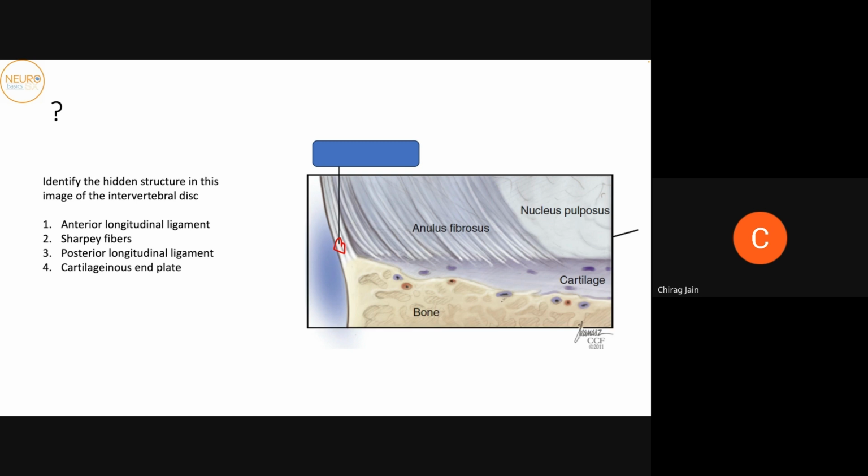These are part of the annulus fibrosus, which attach to the edge of the bony vertebra. These are the Sharpey's fibers, which are the outermost fibers of the annulus fibrosus, which attach to the bony vertebral margin.